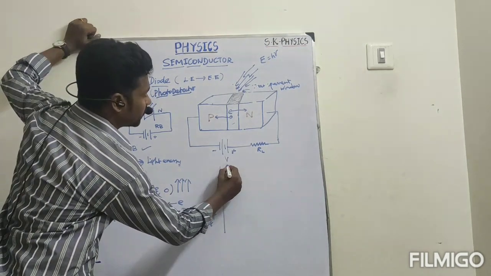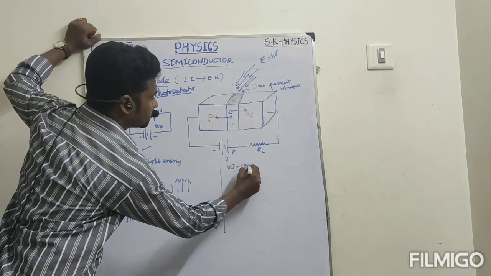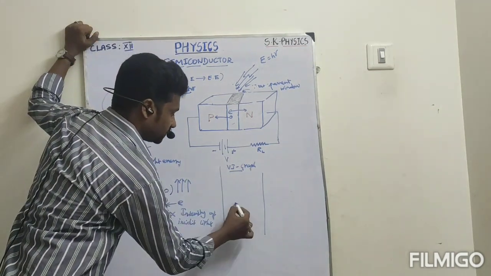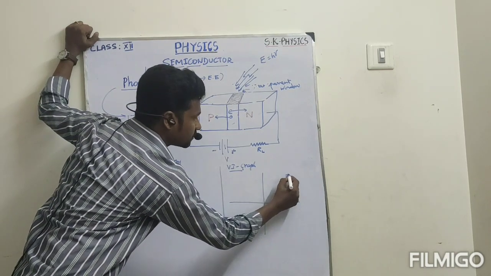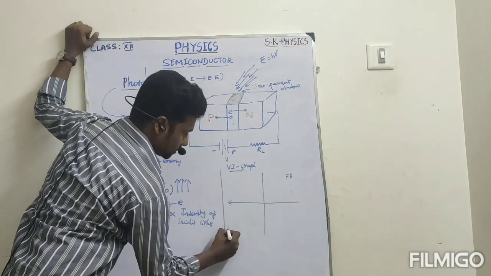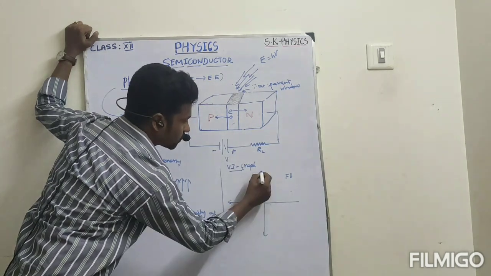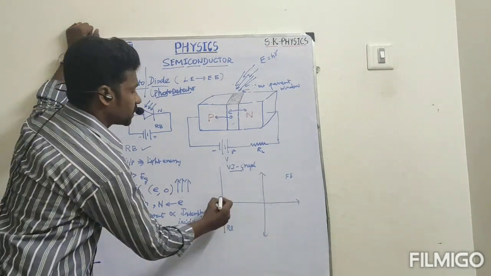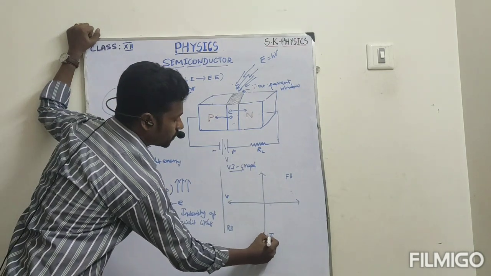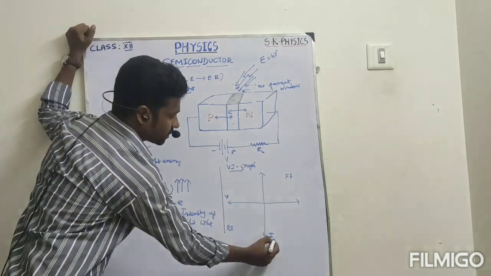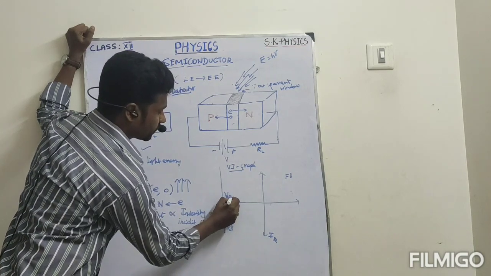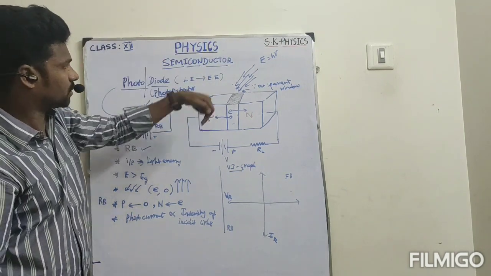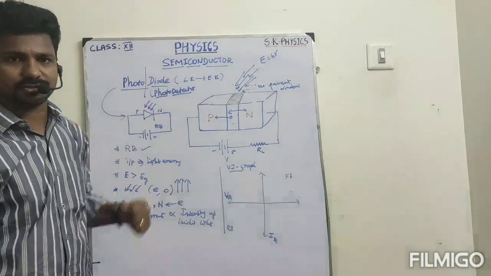We have to draw the VI graph here. Please listen, students: forward bias was before, now it is reverse bias, so we are discussing only the reverse bias. Here we have voltage in the reverse bias and current in the reverse bias. Suppose now we are increasing the intensity of light.